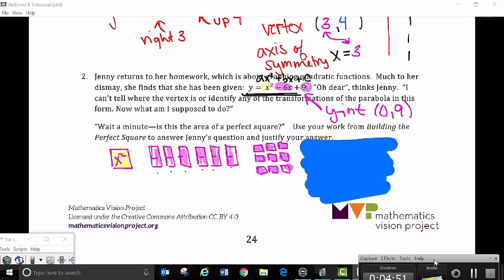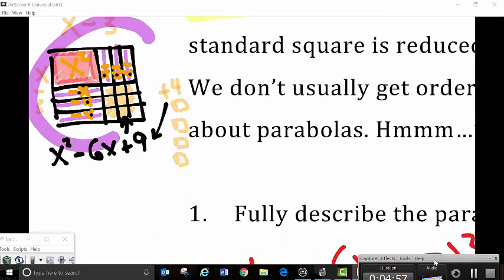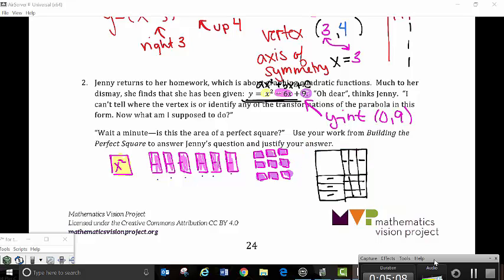Okay, the question is, wait a minute, is this area a perfect square? If we combine these like this, would it be a nice perfect square, or would we have leftover pieces? That's the question. So if we move them around, let's see, well, we could put the yellow one here.